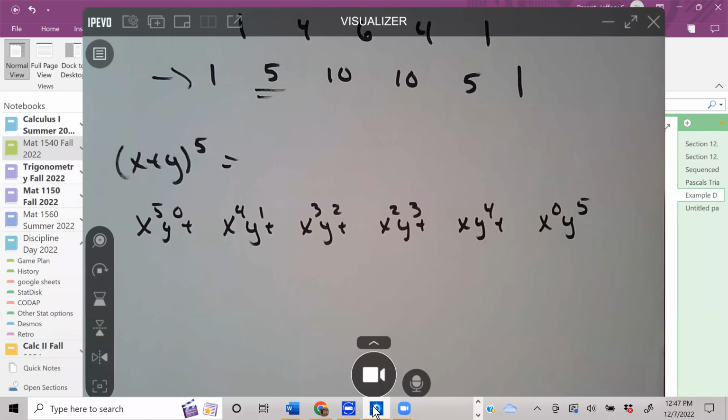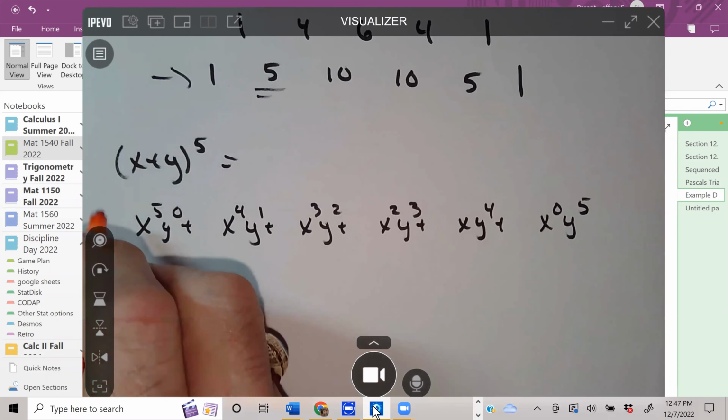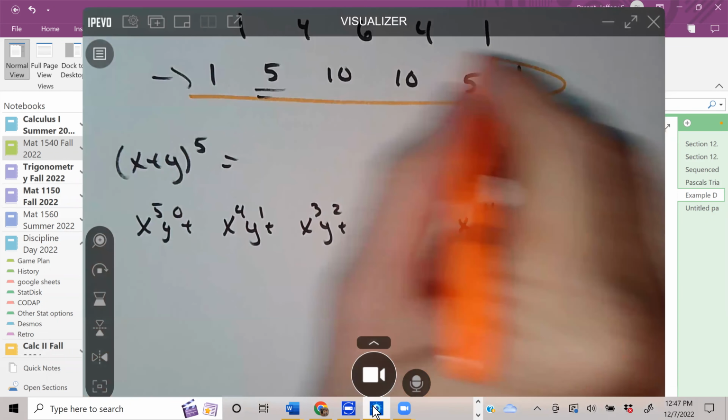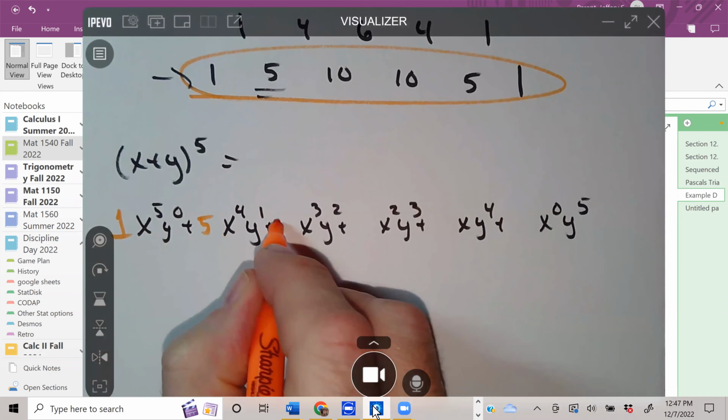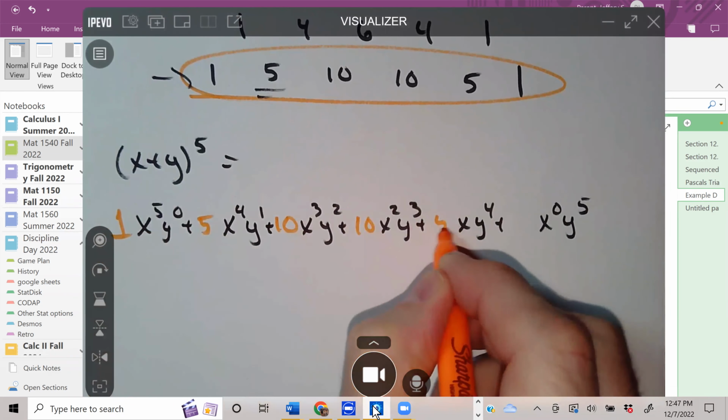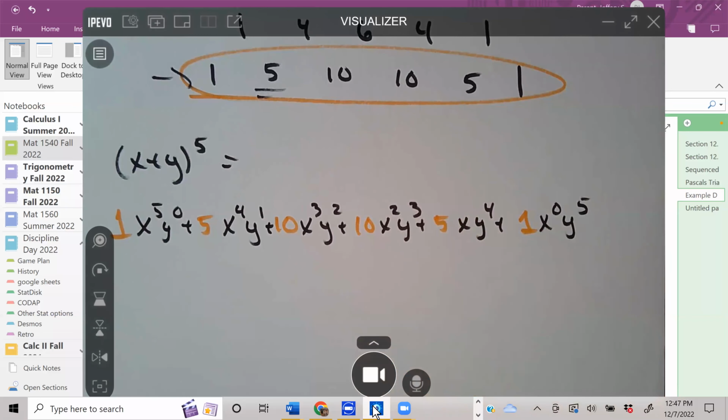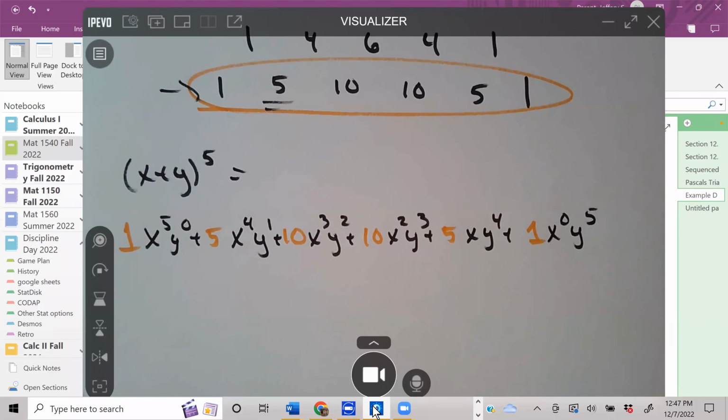Now, let's drop in the coefficients. That would be these: 1, 5, 10, 10, 5, and 1. So are we looking okay so far with this one? This is kind of a nice intro example.